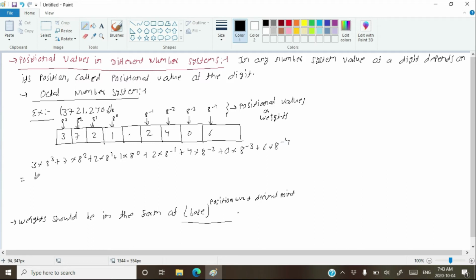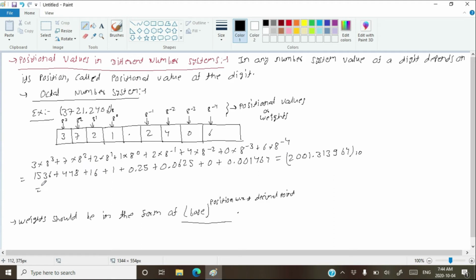That will come like 1536 plus 448 plus 16 plus 1 plus 0.25 plus 0.0625 plus 0 plus 0.001464. When you add them, you will get 2001.313964 in decimal.